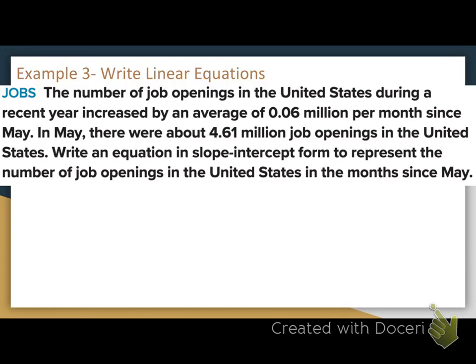Any ideas where we're going to go from here? How we're going to create this equation here? Any ideas? Essentially, we just need a slope and a y-intercept, right? Because we want an equation probably in slope-intercept form, since that's what the whole lesson is about, right?